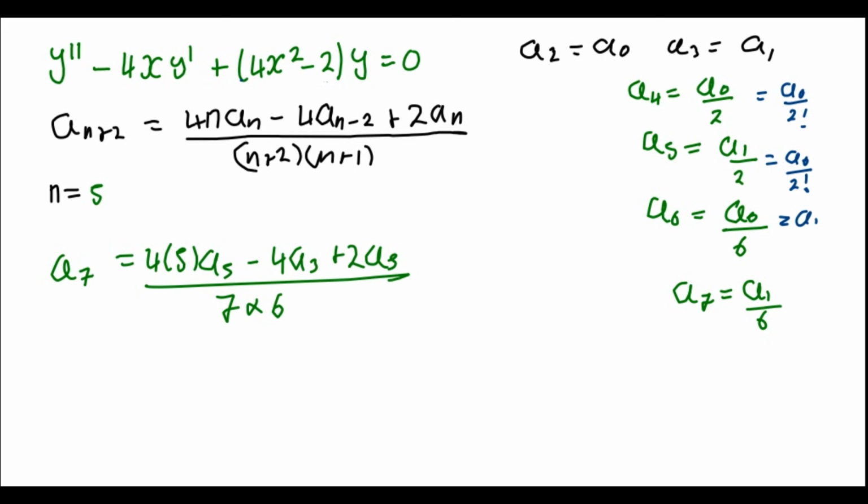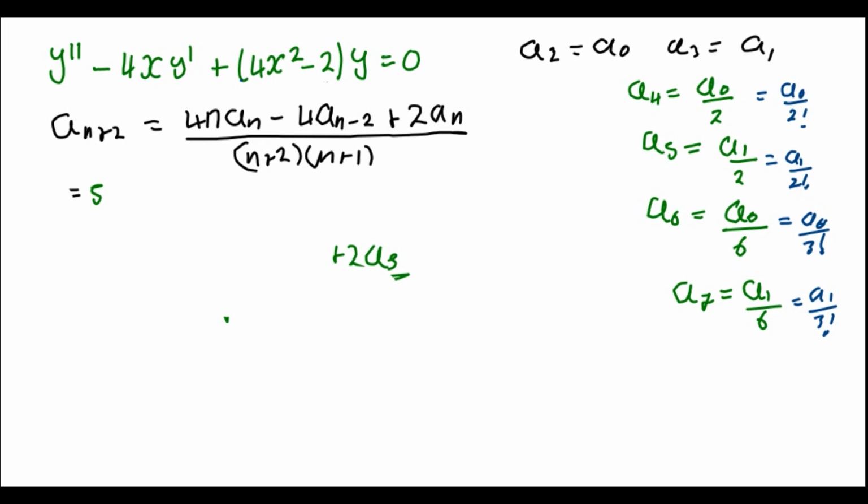Wait a minute. This will be a sub 1 divided by 2 factorial. Then this will be a sub 0 divided by 3 factorial. That's what gives us a 6. Then this would be a sub 1 divided by 3 factorial, like that.